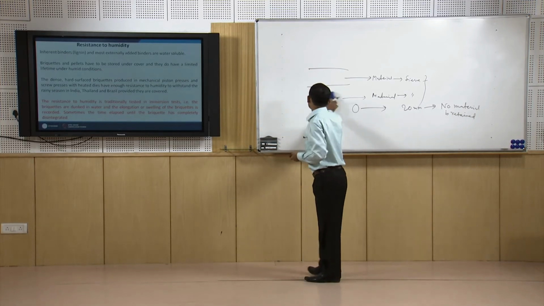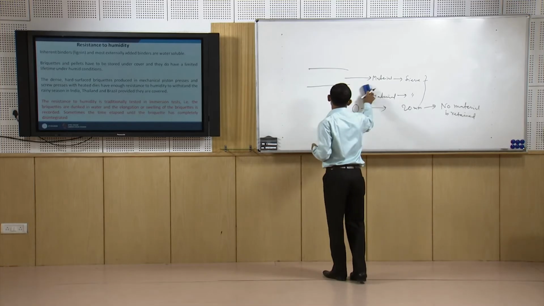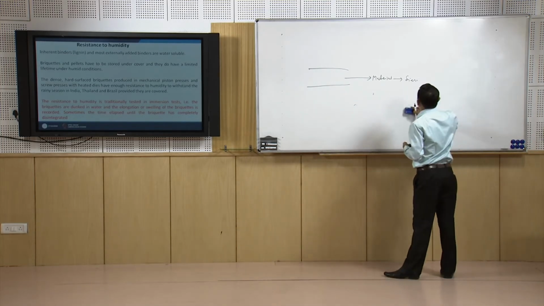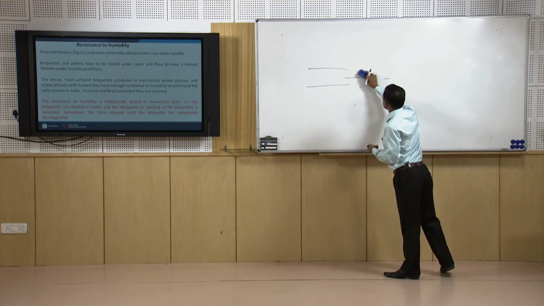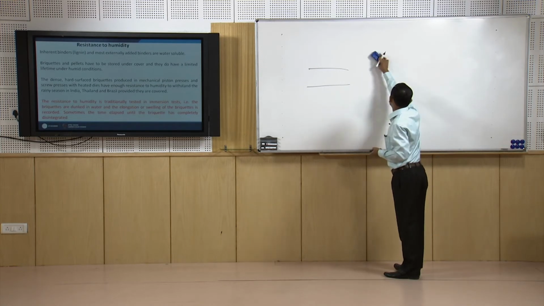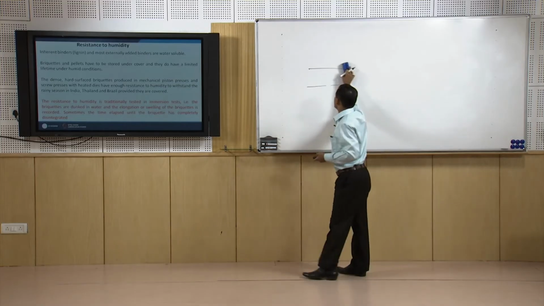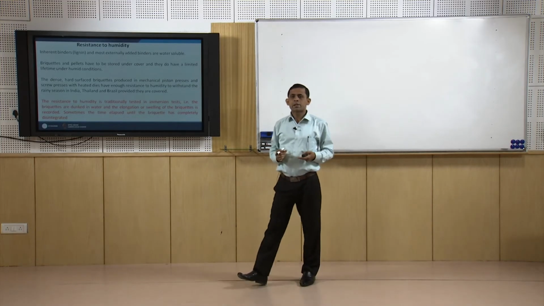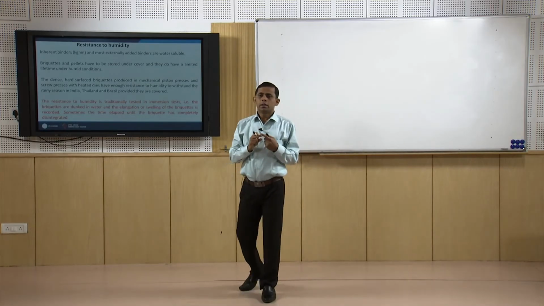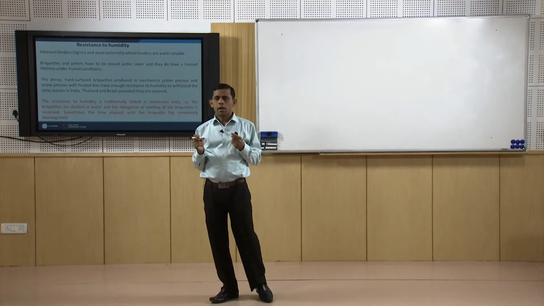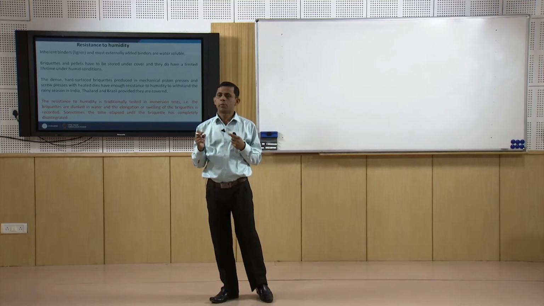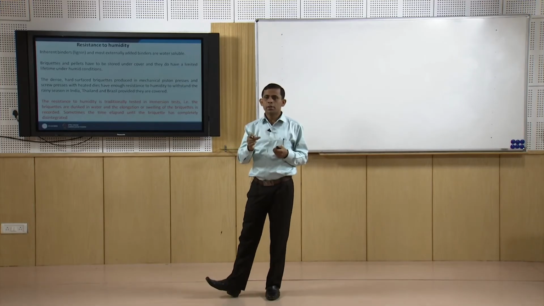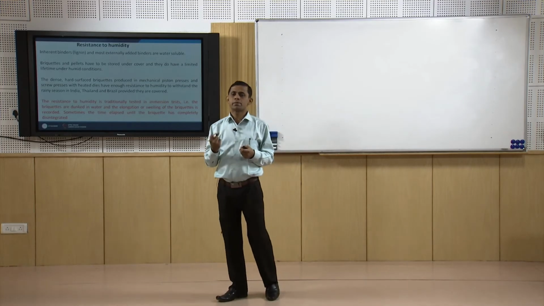Next, we will discuss the resistance to humidity. If we store the briquettes for a longer time in a humid atmosphere, they lose their strength and their properties. Why so? Because the briquettes, as we have seen, can be produced at either high or low pressures. Low pressures use binding agents, while high pressures use inherent or indigenous binding agents.